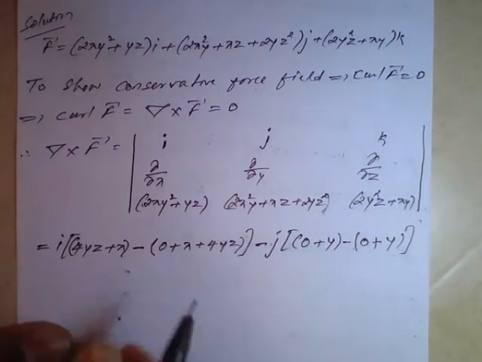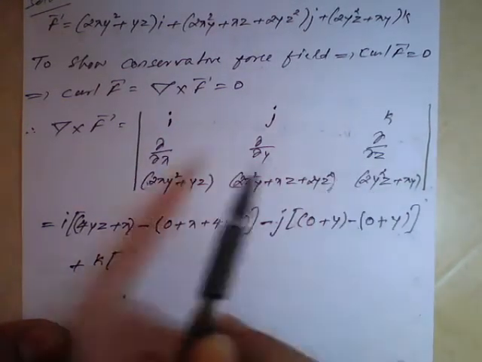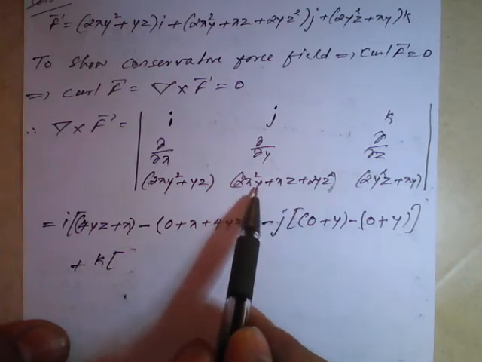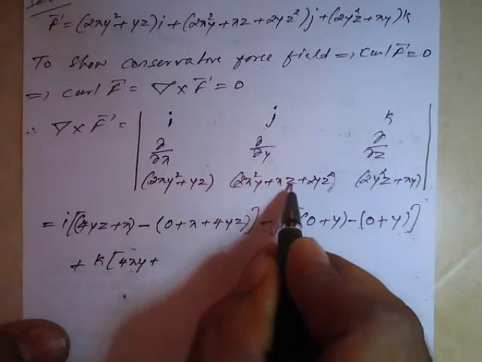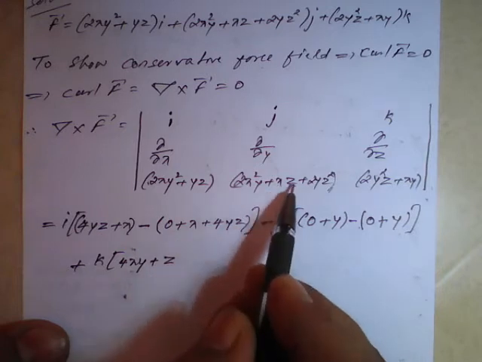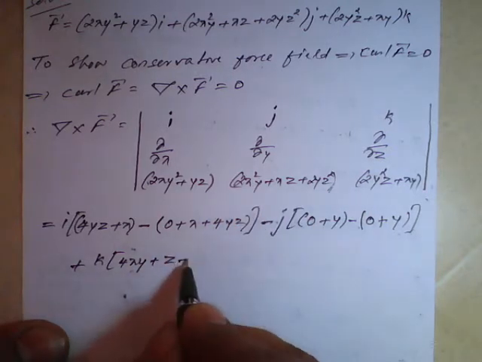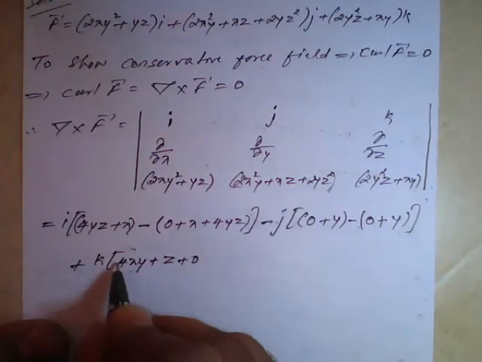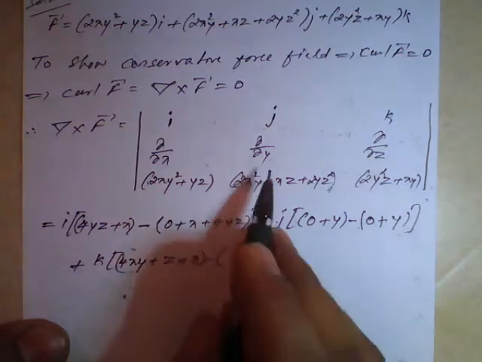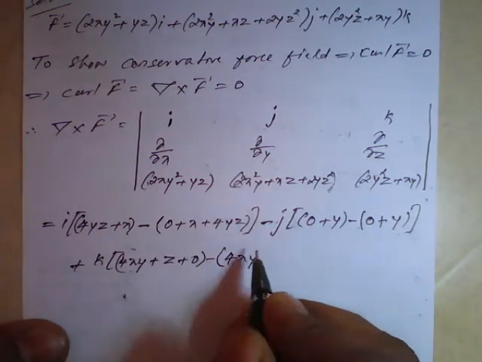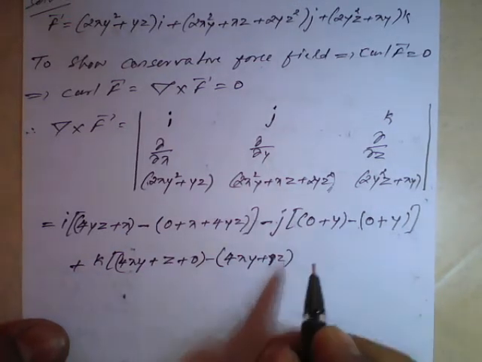So I will continue down here, plus k times, first row last column, dou by dou x of the middle bracket, 2x²y with respect to x becomes 4xy, plus xz becomes z, because the partial derivative of x is 1, plus 2yz with respect to x is 0, minus dou by dou y of 2xy² + yz, which with respect to y is 4xy plus z.